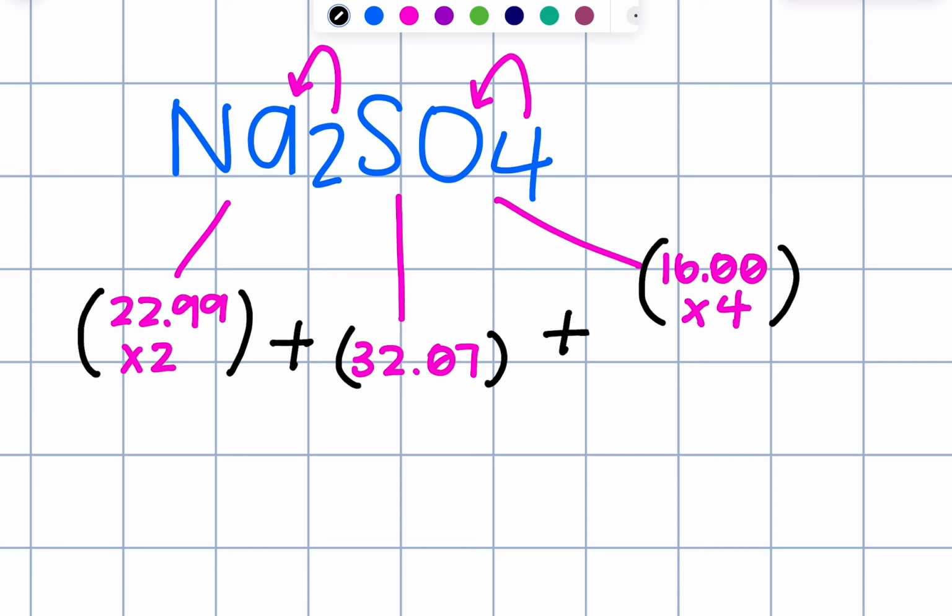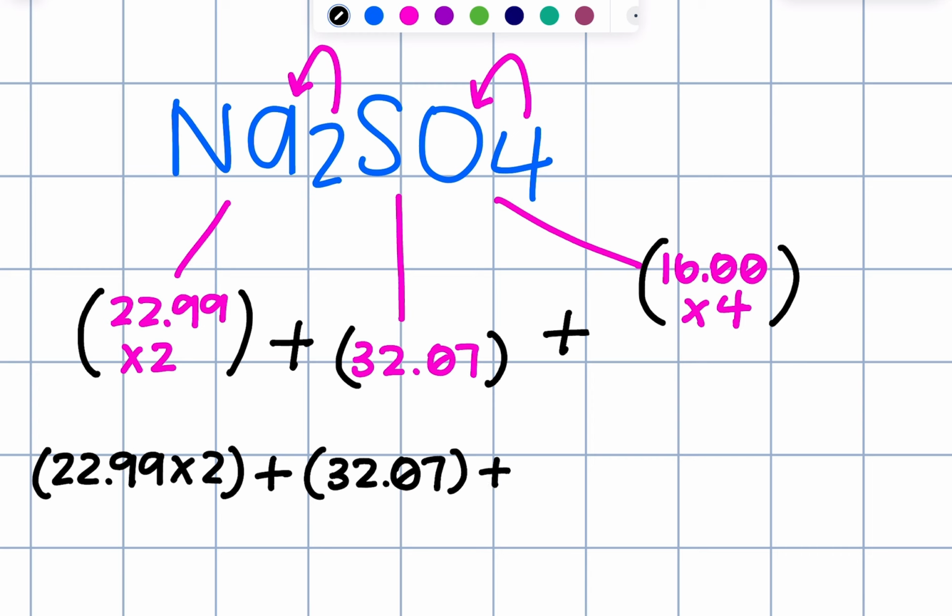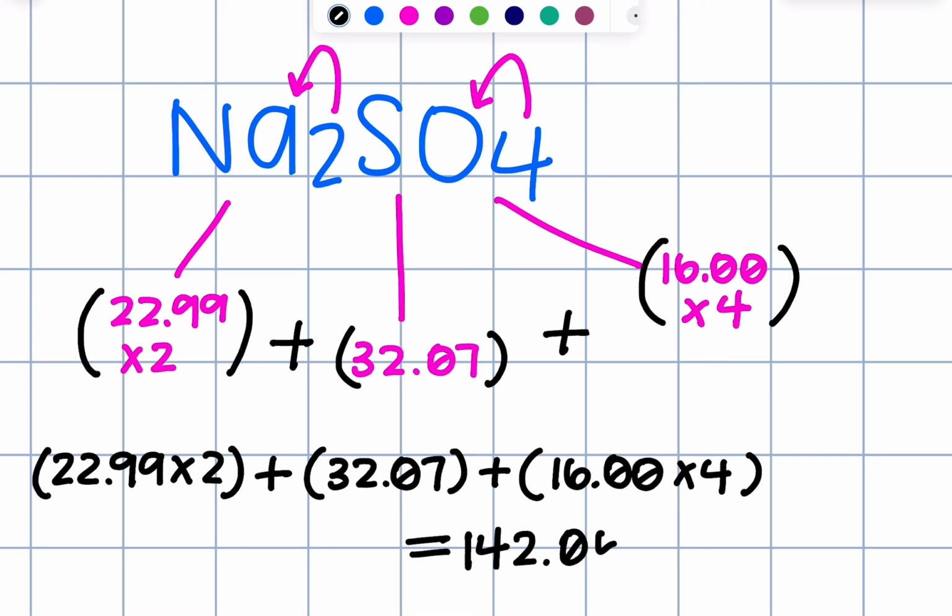So what I get is 22.99 times 2 plus 32.07 plus 16.00 times 4, which gives me a molar mass of 142.05. Let each element get a set of parentheses.